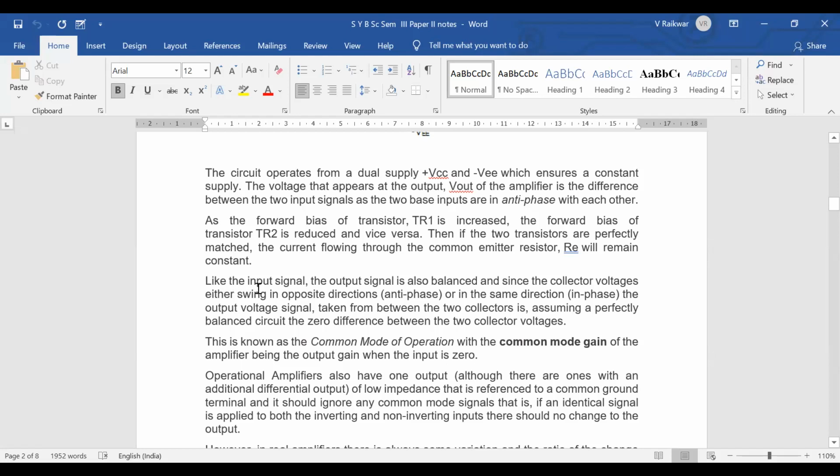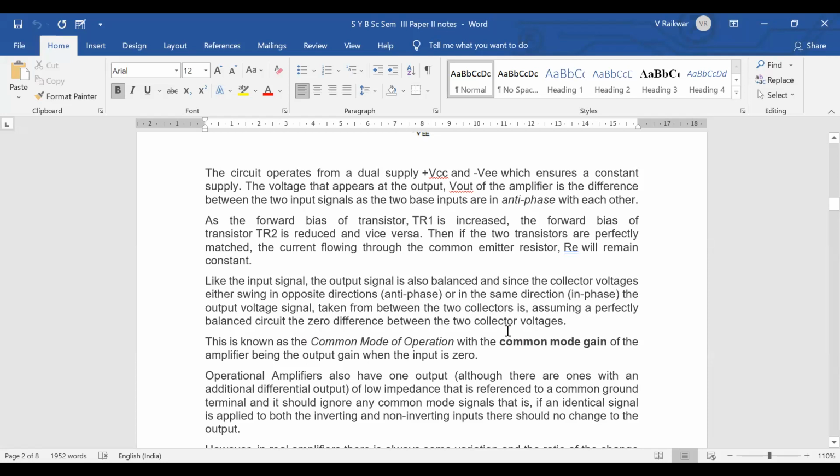Read this paragraph. Like the input signal, the output signal is also balanced, and since the collector voltages swing in opposite directions, the output voltage signal taken from two collectors is perfectly balanced, assuming a perfectly balanced circuit.